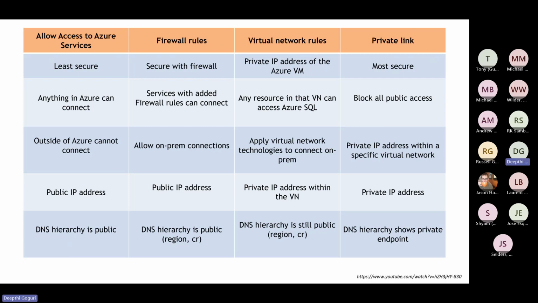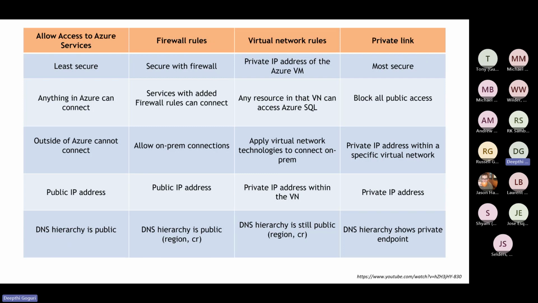So here you can have the on-prem connections. It still has the public IP address, and when you do the NS lookup, the control ring information where your database is hosted is public. It's still not secure, but better than allow access to Azure services because you are creating a firewall rule for each service connecting to the database.